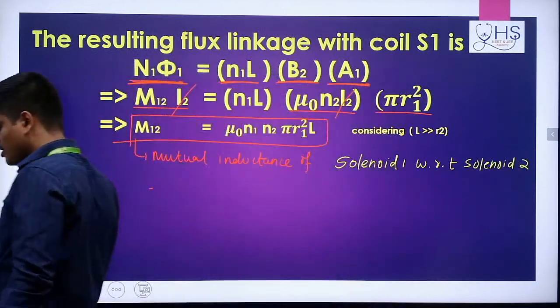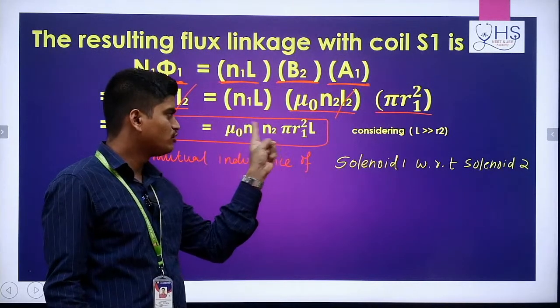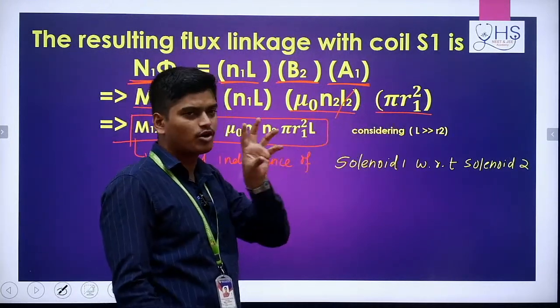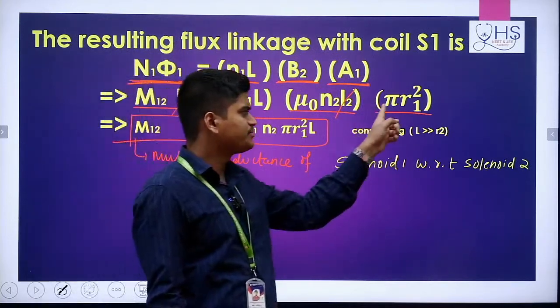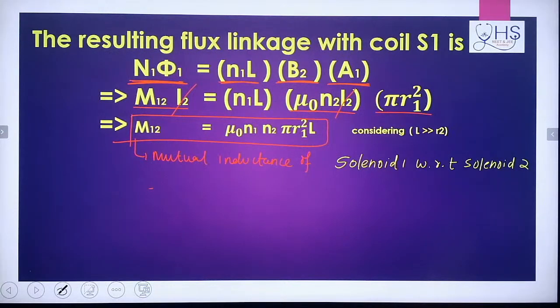So this is your mutual inductance M12 you got. Remember here there are the two small n's, n1 n2, pi is there, and R1 square is there. Why is pi R1 square coming? Because the smaller solenoid has a cross section like a circle. So a circle means pi R1 square will come as the area.